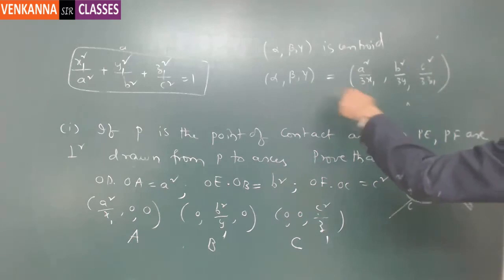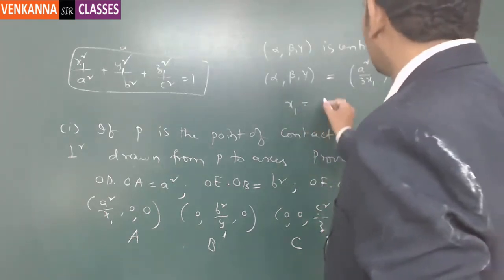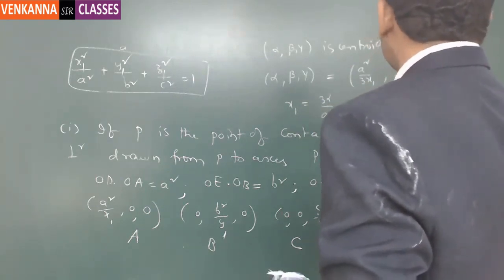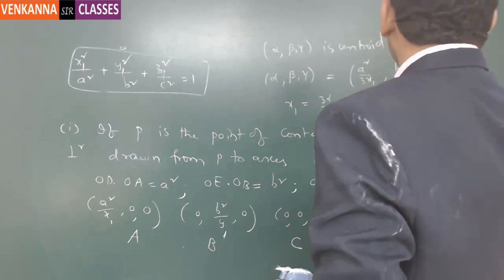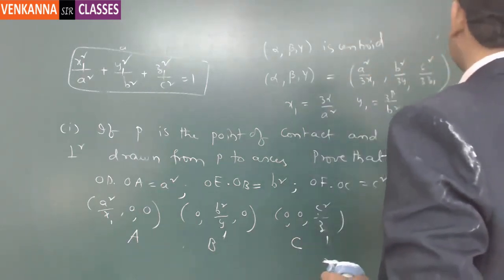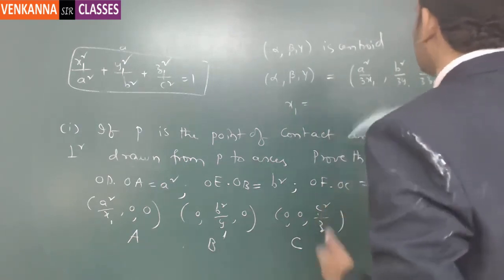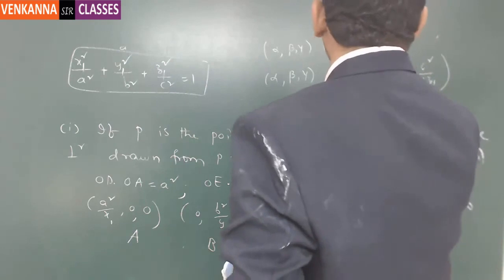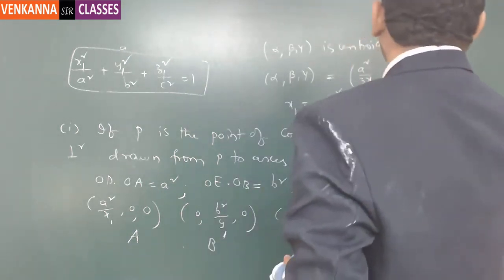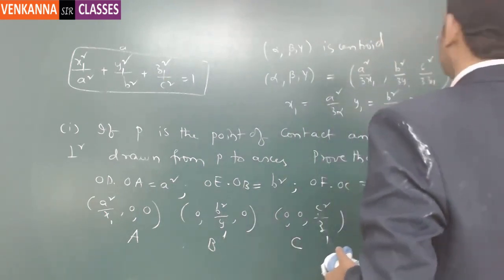So if you equate the respective values, you get that x1 is equal to a square by 3 alpha, y1 is equal to b square by 3 beta, and z1 is equal to c square by 3 gamma.